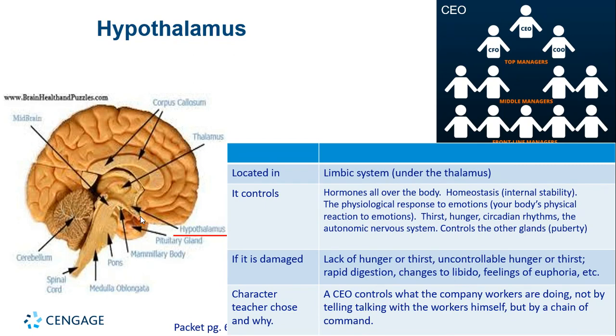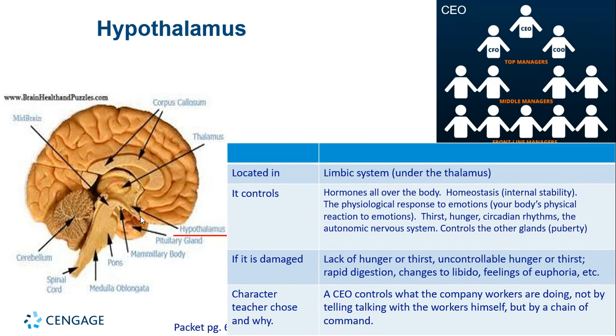An obvious version of this is puberty. When you are around 8 to 13, your hypothalamus notices that you have enough fat built up in your body. And if you have enough fat built up in your body, then your hypothalamus will trigger the puberty.